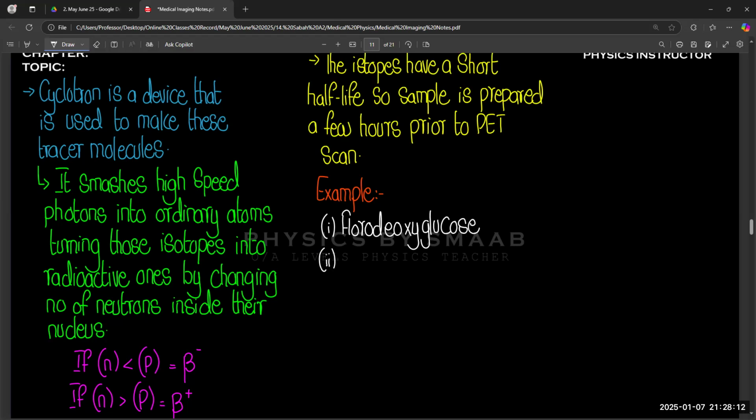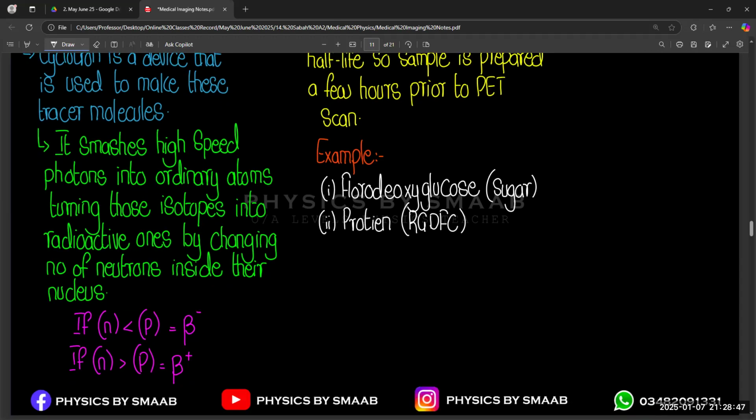The second one is protein. And the first category is from the sugar category. So these are some examples of the samples that they prepare before the PET scan.